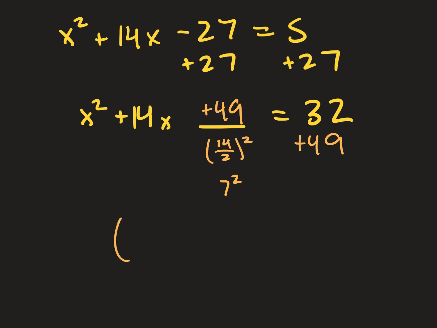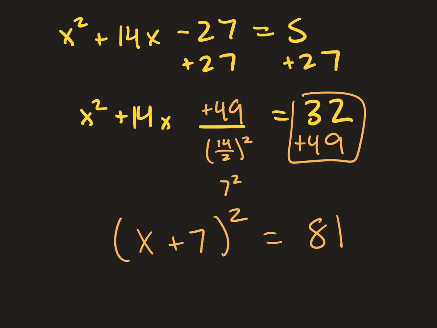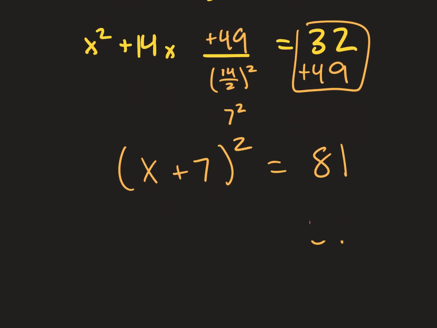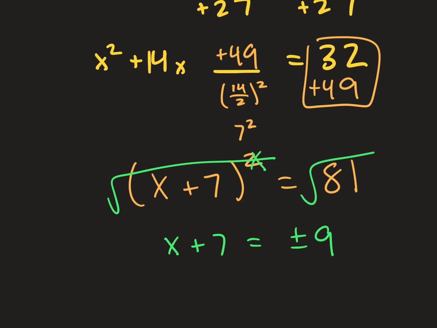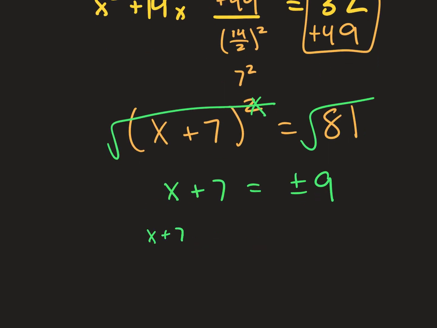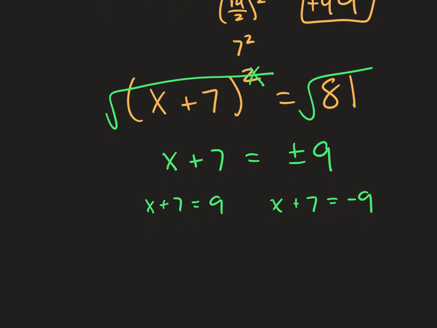So what goes into the parentheses now? X plus 7. And that equals 81. Perfect. What's next? Square root it. Plus or minus 9. Perfect. And then what do I do? Split them up. So x plus 7 is equal to 9, and x plus 7 is equal to negative 9. Subtract 7.